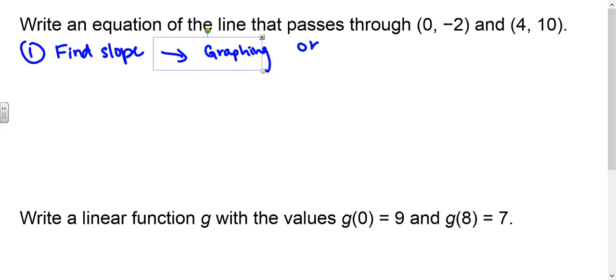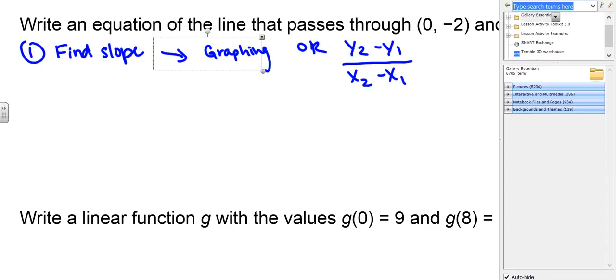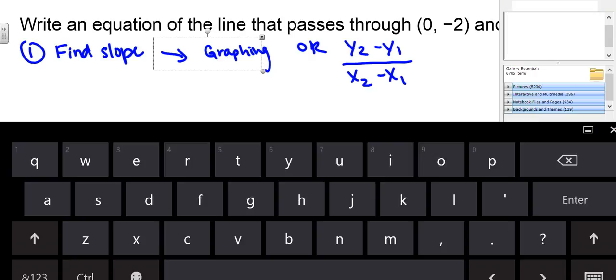Or the other way would be by the slope formula, which is y sub 2 minus y sub 1 over x sub 2 minus x sub 1. I could plot these points on a graph if I wanted to. I'm going to go ahead and do that really quick. So I can pull the graph here for a minute.